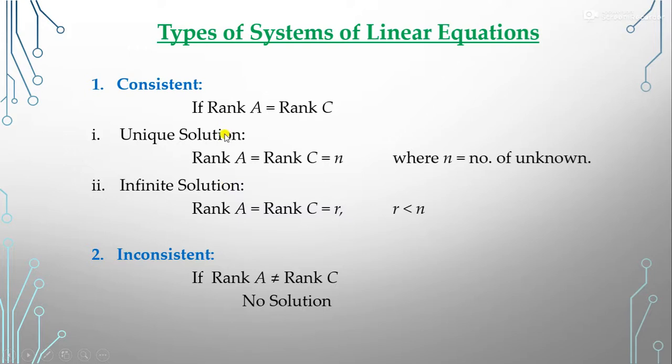Now how can we decide between these? If rank A is equal to rank C is equal to the number of variables, your solution is a unique solution. If rank A is equal to rank C is less than the number of unknowns, your solution is an infinite number of solutions. And if rank A is not equal to rank C, we decide that we have no solution of the given equations.